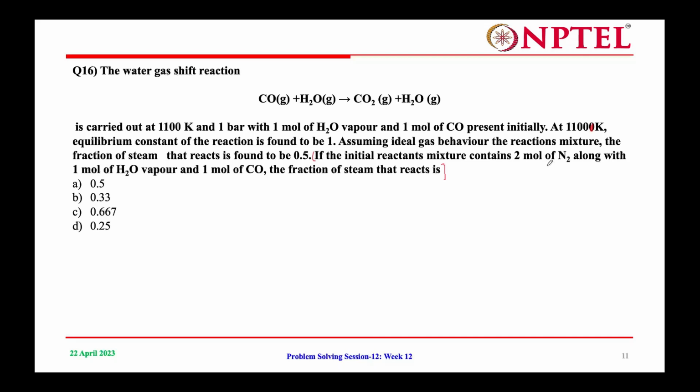So it does increase the initial number of moles from 2 to 4, and the mole fraction is reduced by a factor of 2. Right. So here we ask for the fraction of steam that reacts. So it's similar to the 0.5, right.